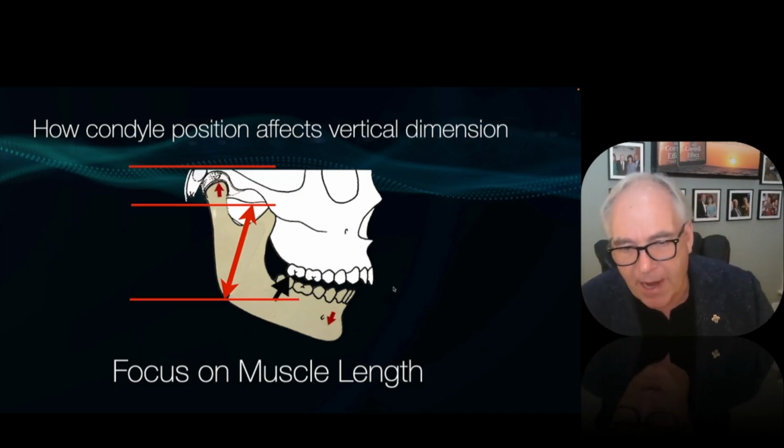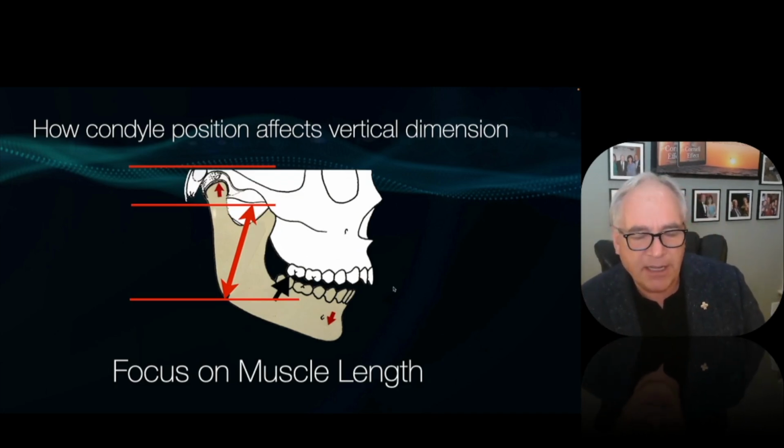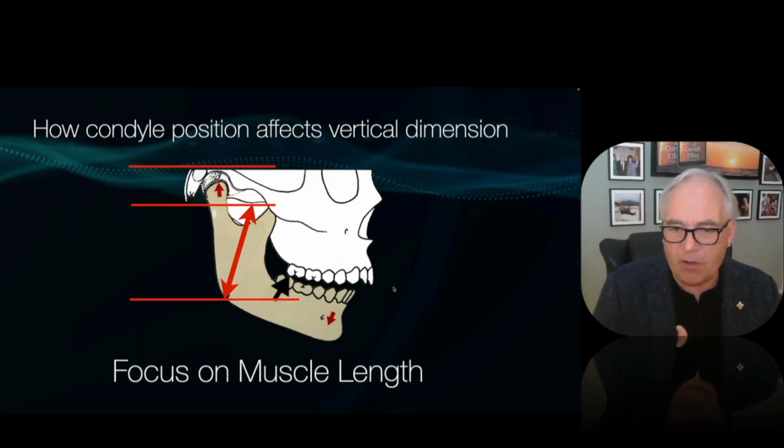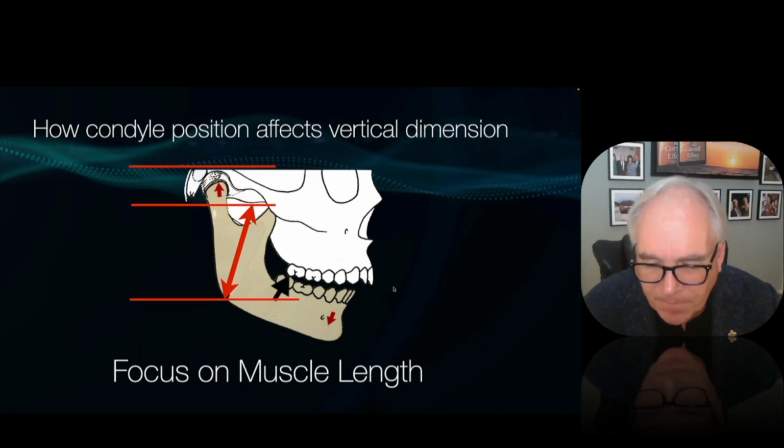So if you have a slide between CR and MI and you can do all the work, the addition to the teeth, in that space, you should have very minimal effect on the muscle and no concern about the patient going back to the original vertical.